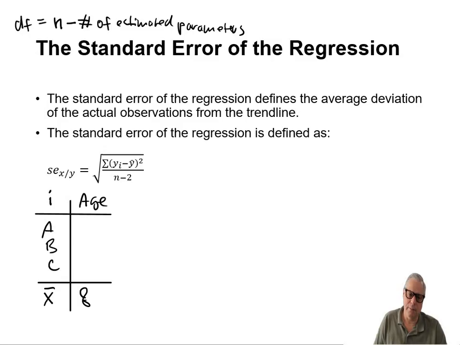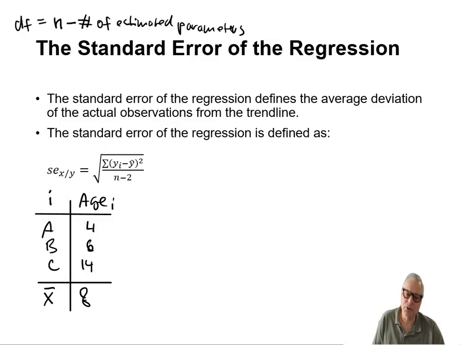So now, if I know that the 3 kids average out to 8, well, if for example the first kid has an age of 4 and the second has an age of 6, then I know that for the average to be 8, kid C must be 14.